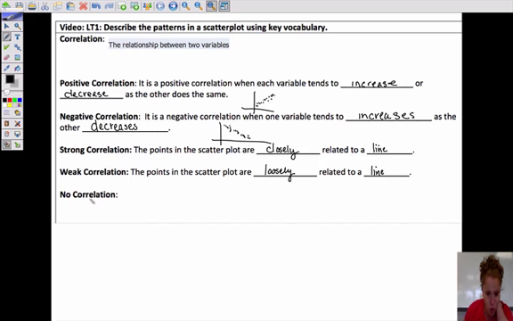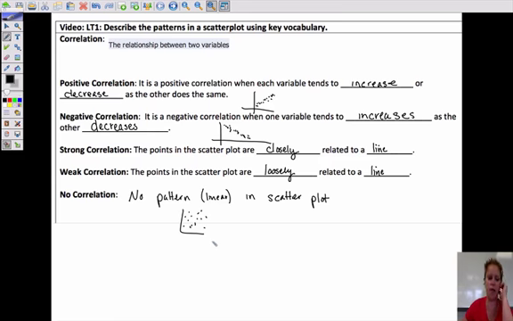And then no correlation is when there is no pattern, or I should say linear pattern, in the scatter plot. And that would look kind of scattered. Points are everywhere. So let's take a closer look at those.